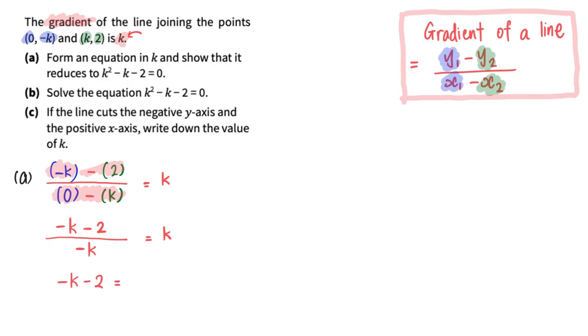Negative k multiplied by k will be negative k squared. Lastly, I would then have 2 plus k squared on both sides, so that I will have a positive k squared here. I still have to minus k minus 2, and this one will be equals to 0. And I have shown for part A, okay?